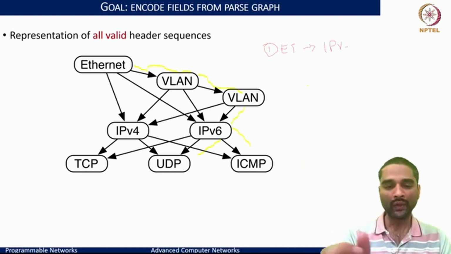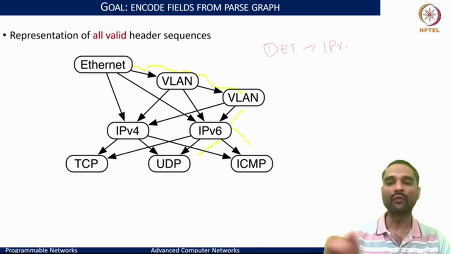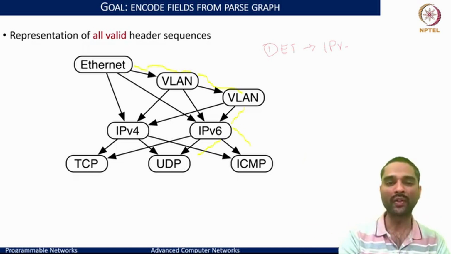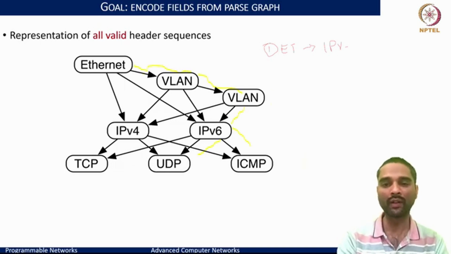Given this kind of graph, we would be able to say that we want to match on Ethernet first followed by VLAN, and if VLAN has another VLAN encapsulation, we can look up on that VLAN and then go on to the next. But if we had any of the combinations saying VLAN jumping to UDP or jumping to TCP, this would not work.